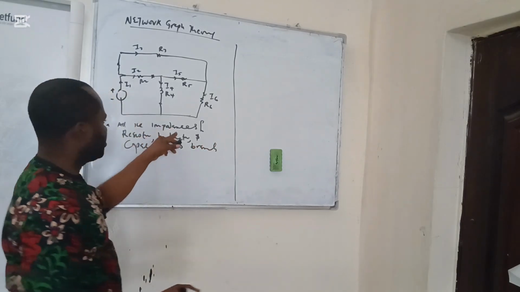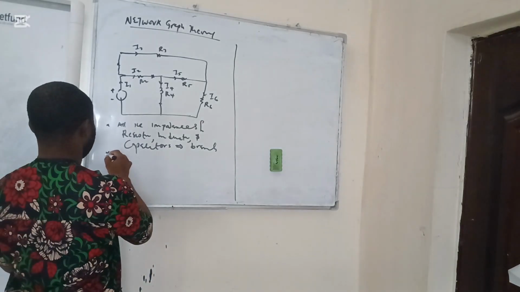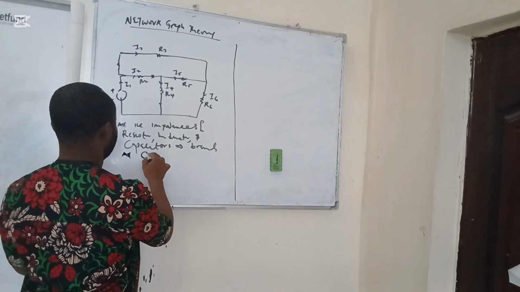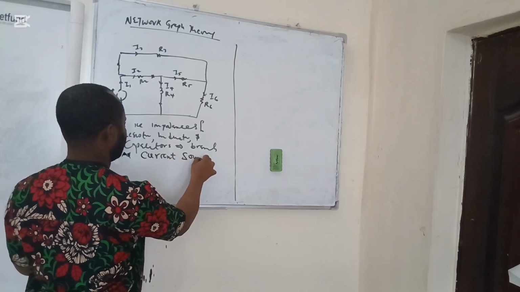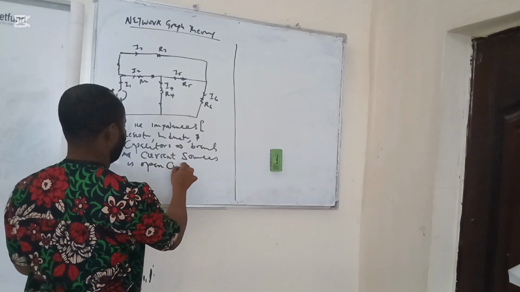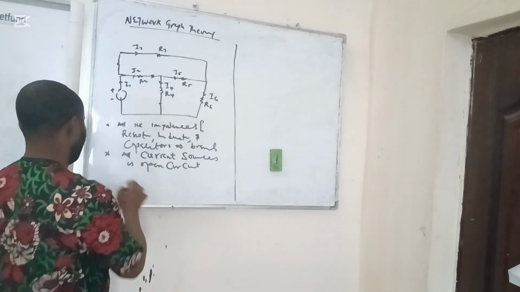If you are seeing this, that should be presented as a branch. And also all the current sources are open circuit. All the current sources are open circuit.